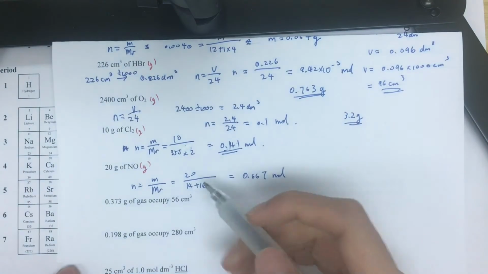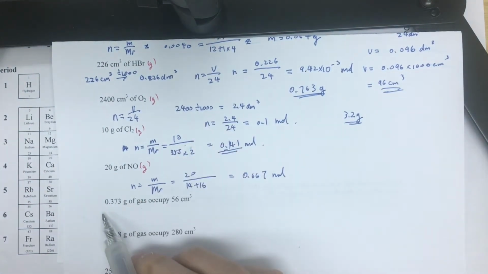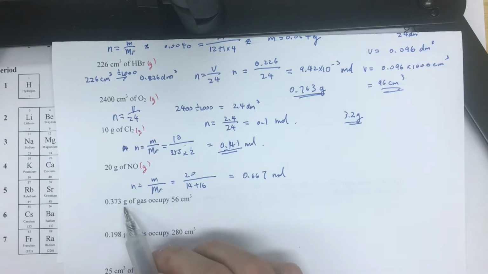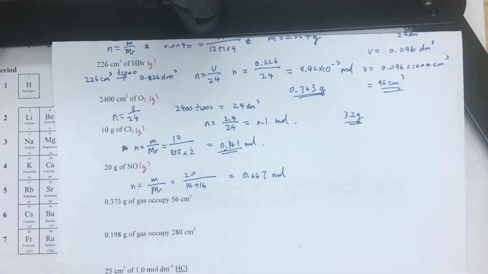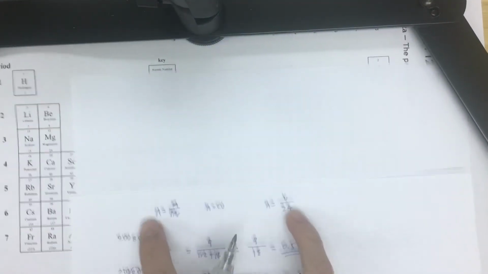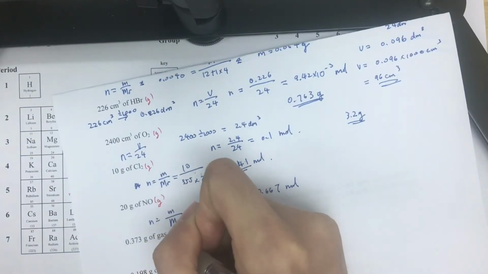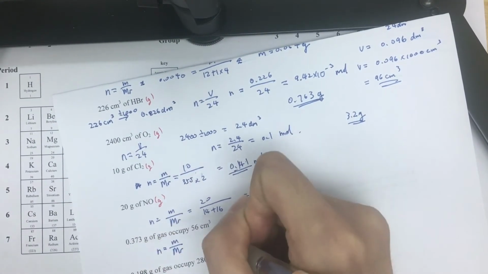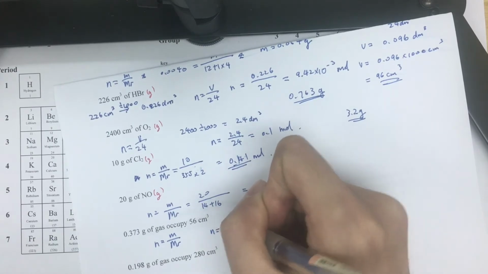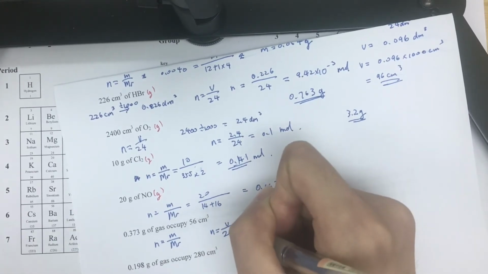You only know that the gas has a mass of 0.373 grams and it occupies 56 cm cube, and you want to find out the molar mass of this gas. There are two equations you can use, and both of them calculate the number of moles: n equals m over Mr, and n equals volume divided by 24 dm cube.